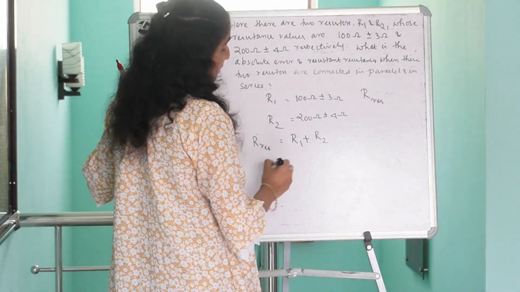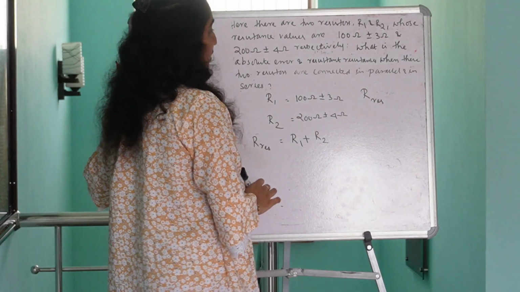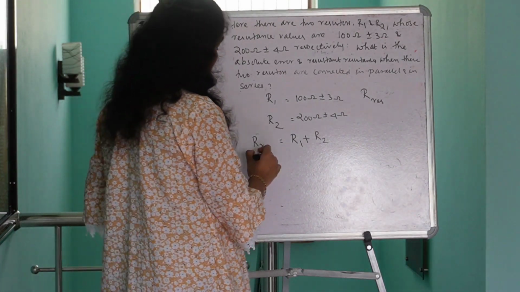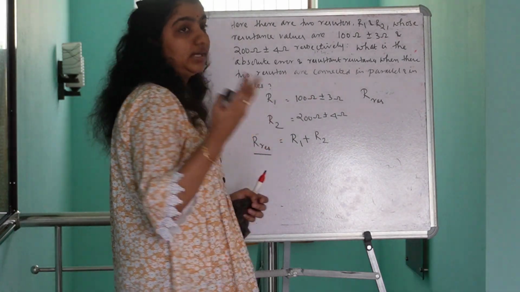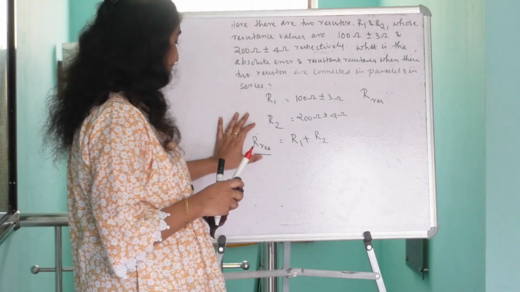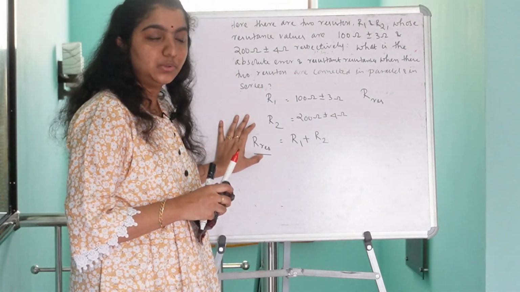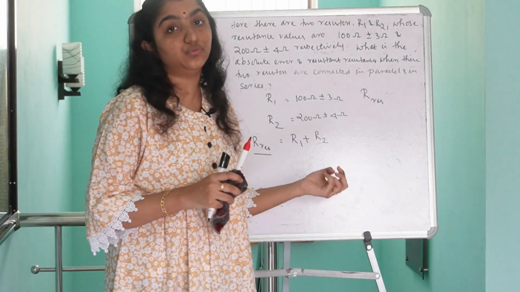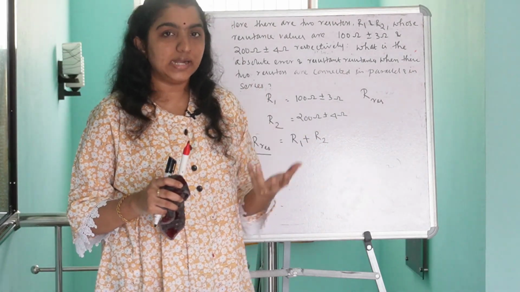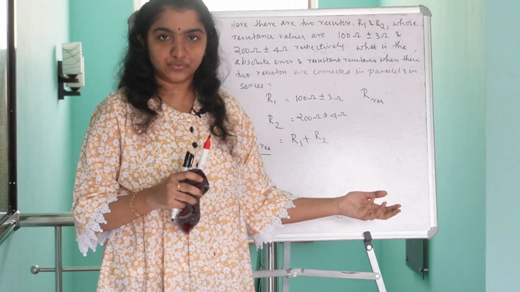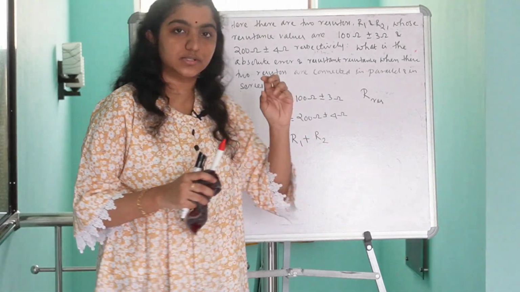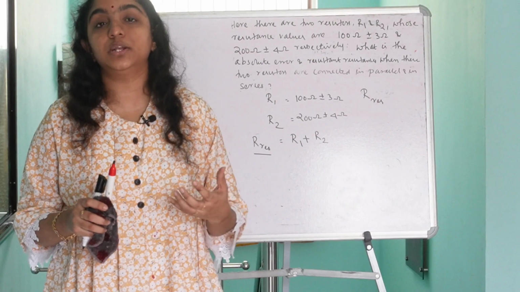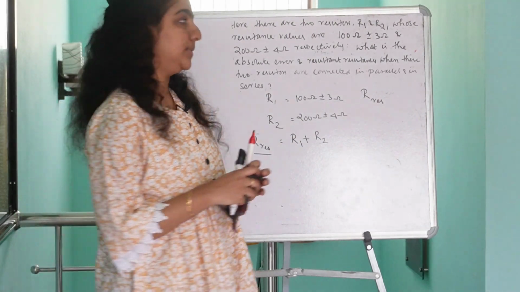So for finding the absolute error in the resultant, when we are adding two physical quantities, we have to simply add the absolute errors in the individual measurements.